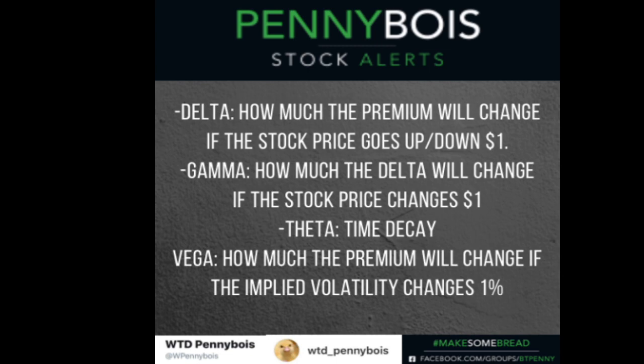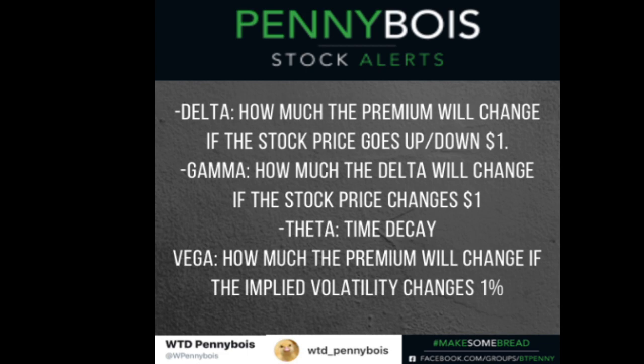Well, delta tells us how sensitive the option's price is compared to the stock price. So it tells us how much the option's price will change if the stock changes by $1, whether that be up or down. So for calls, the delta will be between 0 and 1, and for puts, the delta will be between -1 and 0.